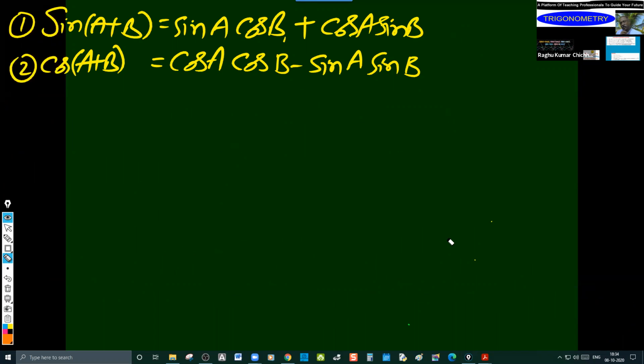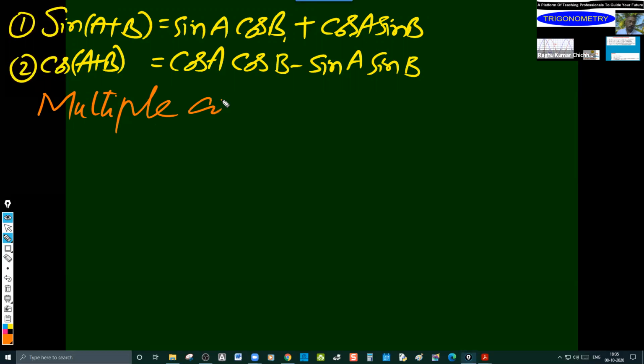They have mixed up all the formulae, but if you see the trigonometry topic in the books, you will find subtopics: first one trigonometric ratios, second one compound angles, third one multiple and submultiple angles. What is submultiple and multiple?